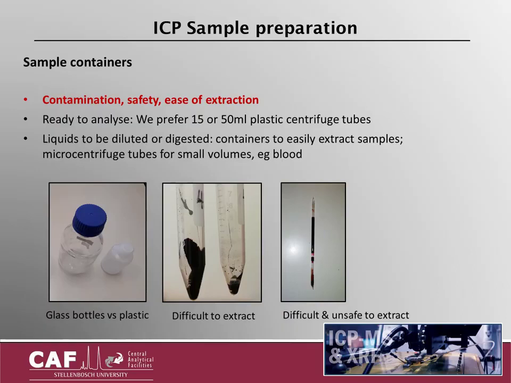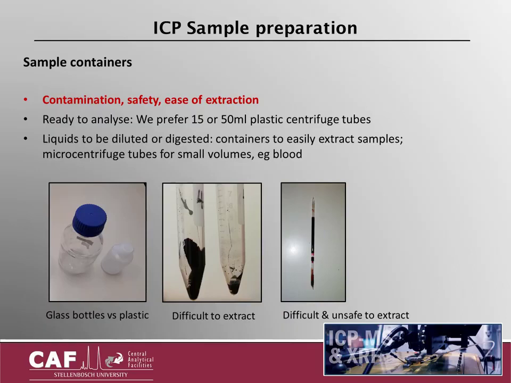For samples that don't require any further processing, when you send samples in bottles, it takes us additional time to pour it out of the bottle into a tube. So it's best to just send it in a 15 or 50 ml centrifuge tube already.